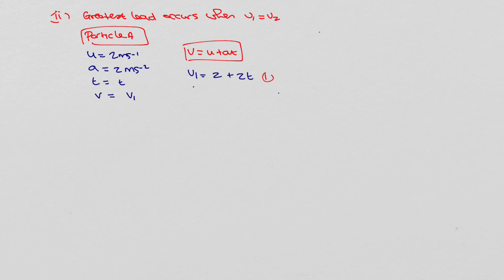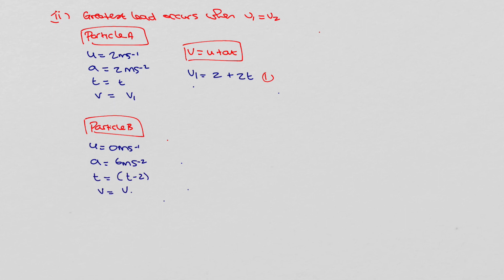If I then look at particle B, we have U is equal to 0, A was 6, and again remembering time was t minus 2. So therefore we say V2 is equal to U plus AT. So in other words, V2 is equal to 6t minus 12.